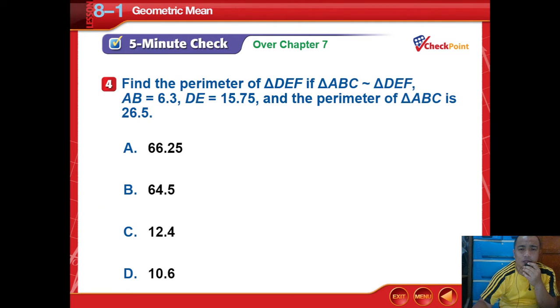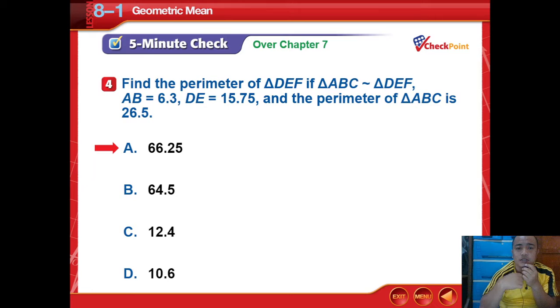Next, find the perimeter of triangle DEF, if triangle ABC is similar to triangle DEF. AB is 6.3, DE is 15.75, and the perimeter of triangle ABC is 26.25. And it will be your equation. It's just proportional. What's your answer?